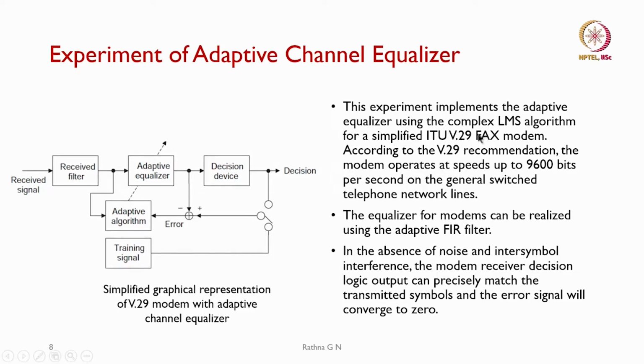In this case, for the fax modem, this is the standard one uses. According to the V.29 recommendation, the modem operates at speeds up to 9600 bits per second on general switched telephone network lines, and the equalizer for modems can be realized using our adaptive FIR filter, as shown here.